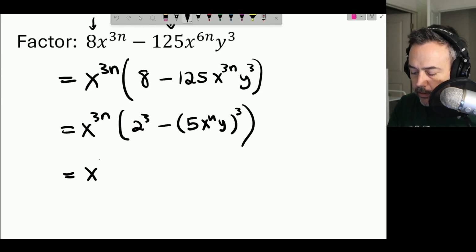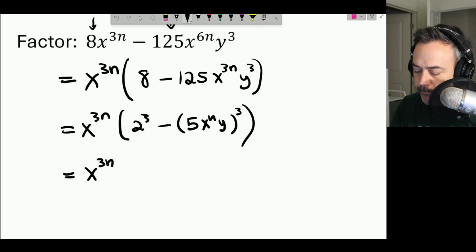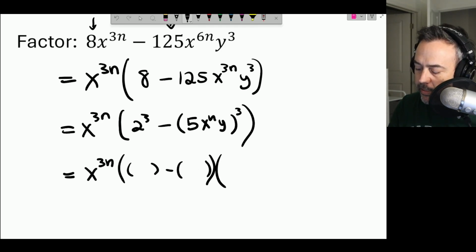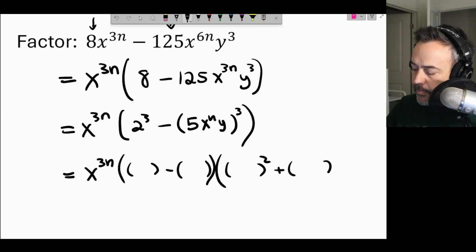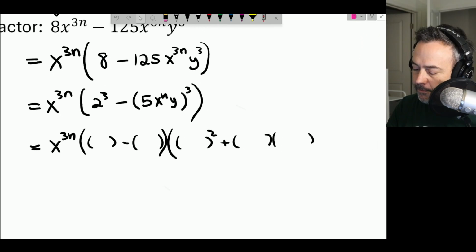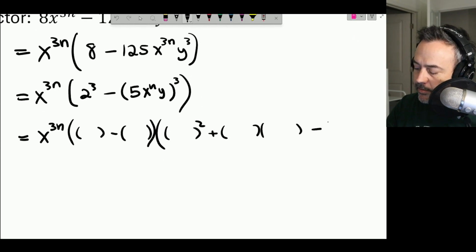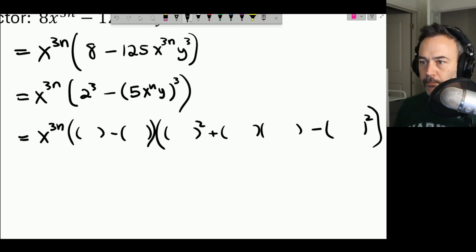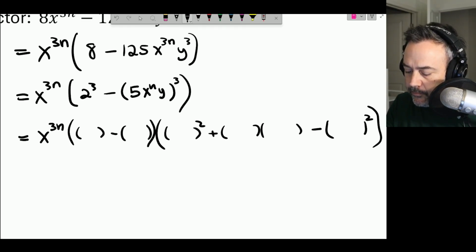And we now need our difference of cubes formula, which is what? It is (a − b)(a² + ab + b²). Let's just fill in everything.